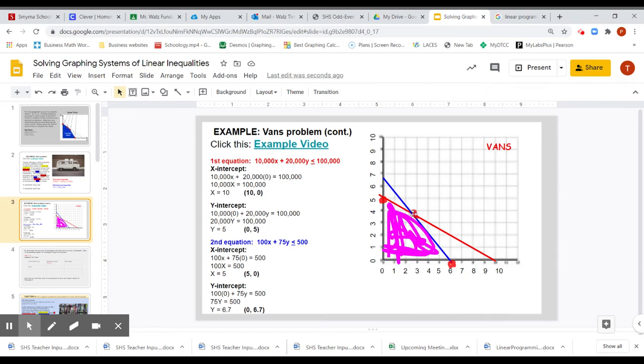But we're using vans, a solid item, so you've got to use your brains here. We can't have a partial van. So I'm going to slide to the left and use 2, 4. It's closer to 2, 4 than it is 3, 3. So I'm going to use 2, 4 as my point.